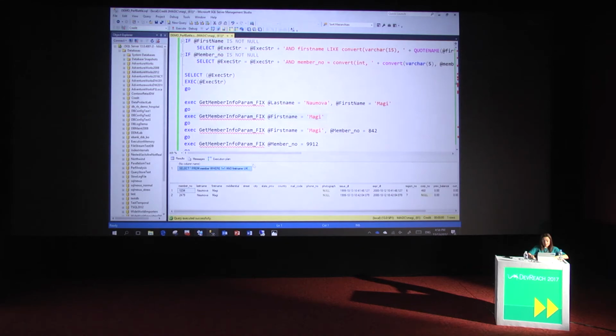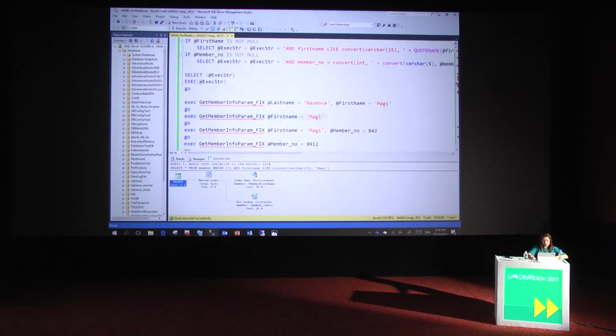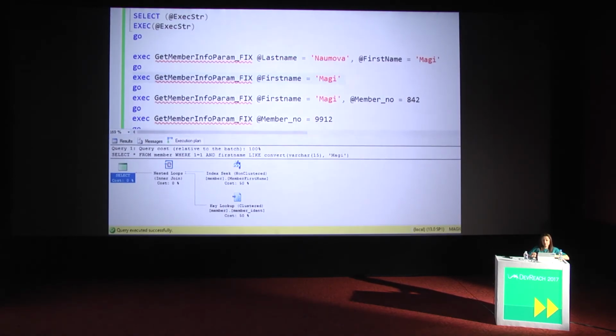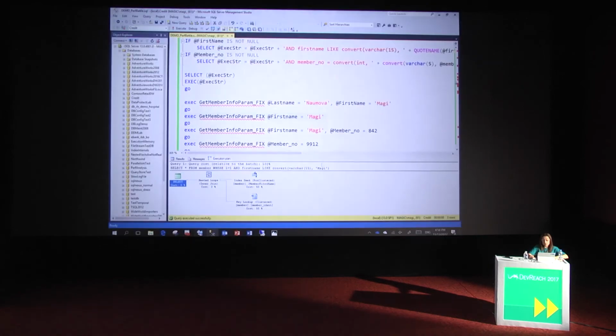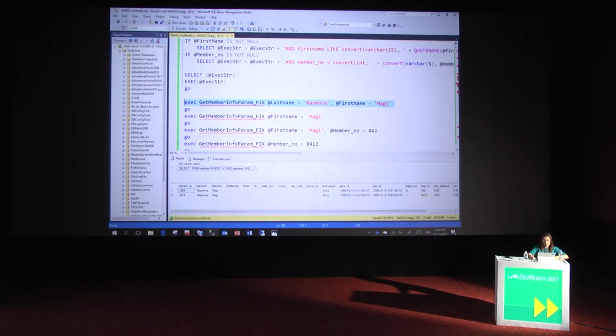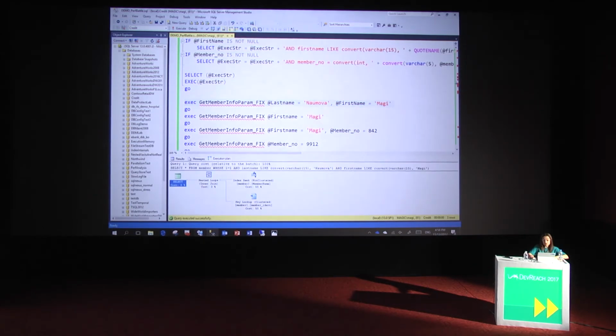So now I have a different select statement, and because of that, I have a different execution plan. So here we go, I have a first name. If I do two parameters, then I will end up with this statement. It will be compiled, and it will use the member name index because it contains both. It's a composite index, which contains first name and last name columns.